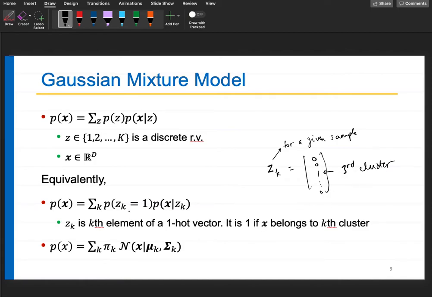So this is the idea of z_k. Oh, sorry, this is the z vector. And in this case, z_3 is equal to 1 and z_i equal to 0 for all i not equal to 3. Equivalently, I can also use z_k equal to delta_k3.